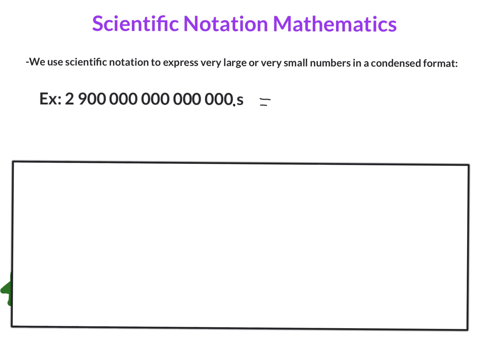And that's where scientific notation comes in. We can condense those numbers down using exponents, like we talked about on the last slide. Specifically, exponents with base 10. So let's see how this is going to work.